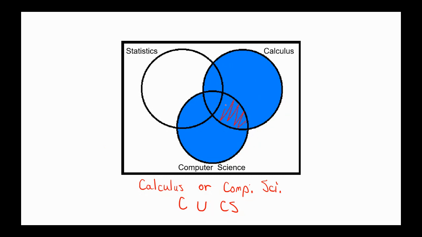The only group that's in both is right here. This person, if they're out here, they're only in computer science. So we couldn't say and because they're only in one of them. Does that make sense? So or means they could be in either or both. And means they have to be in both.